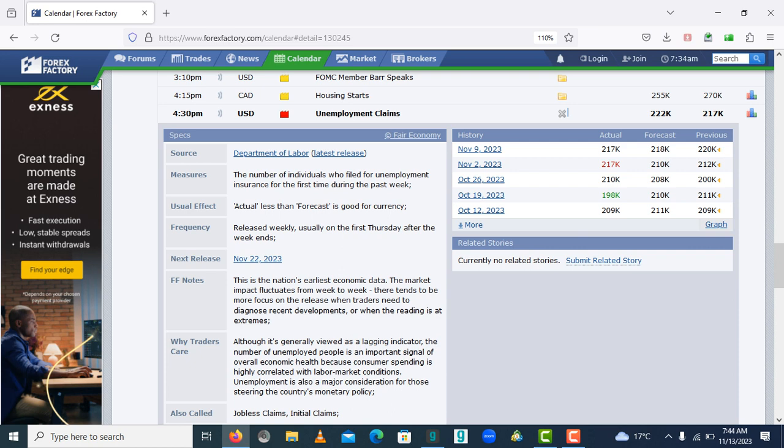This one, the actual is 188, lower than the forecast, and actual less than the forecast is good for the currency. Something else you need to note is by how much is the change? The difference between the forecast here and the actual is just 1.